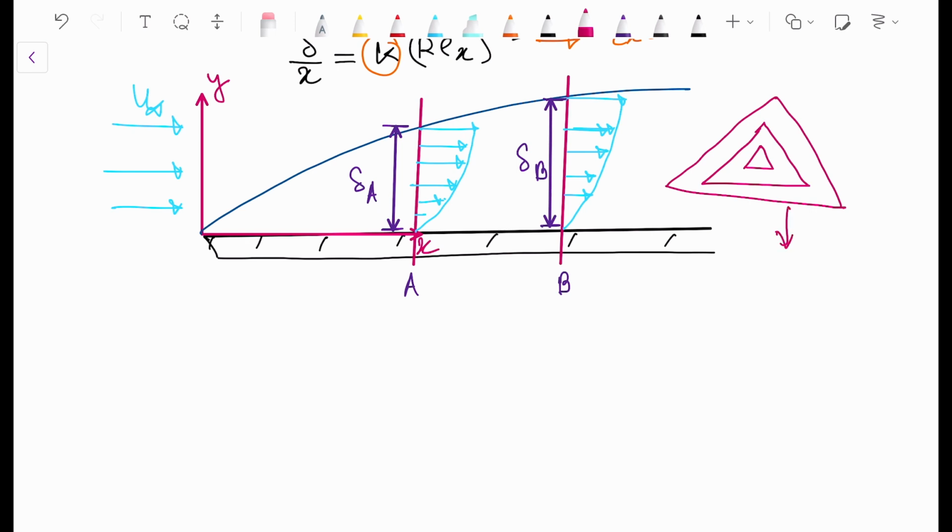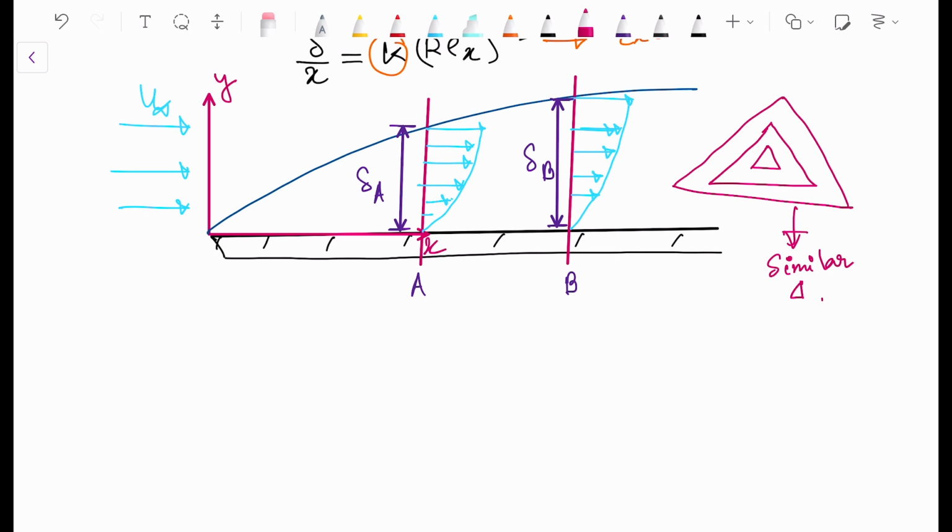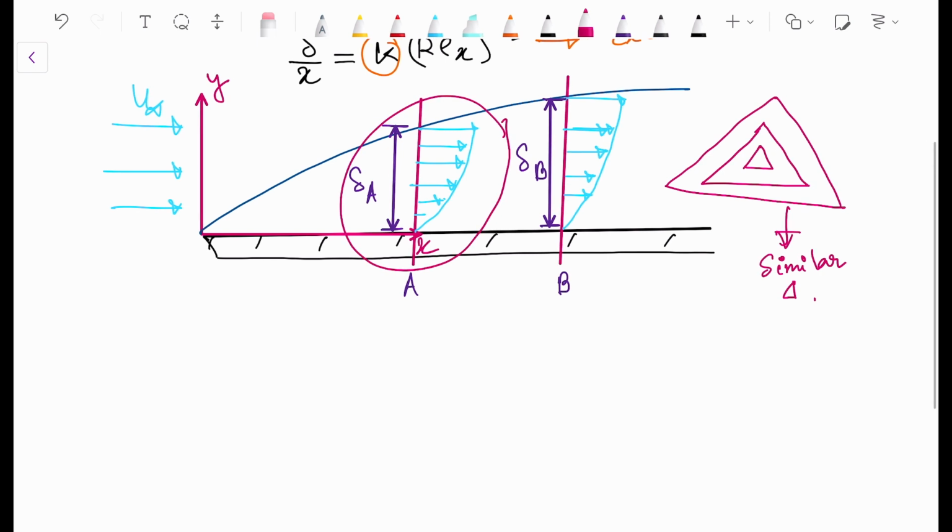And this concept in geometry is known as similar triangles, right? Likewise, I can stretch this velocity profile at section A to get a velocity profile at section B. It seems like that.